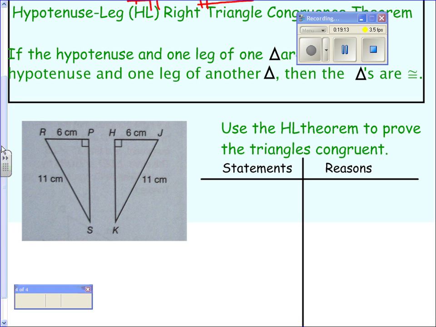See if you can write a two-column proof to prove the triangles are congruent using the HL theorem.